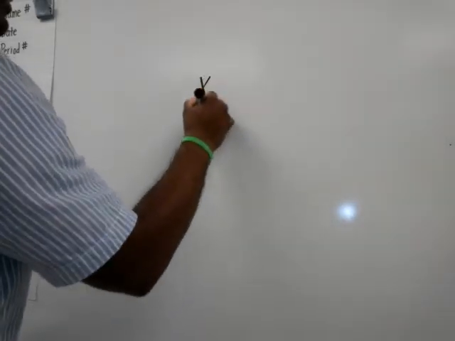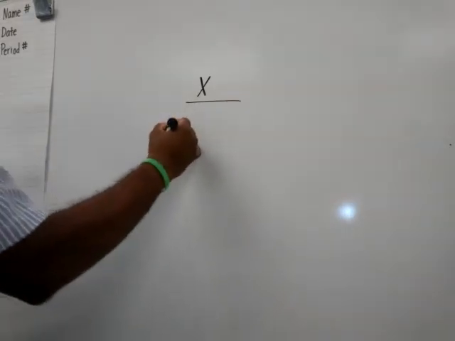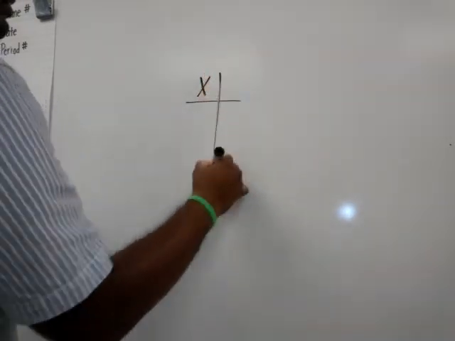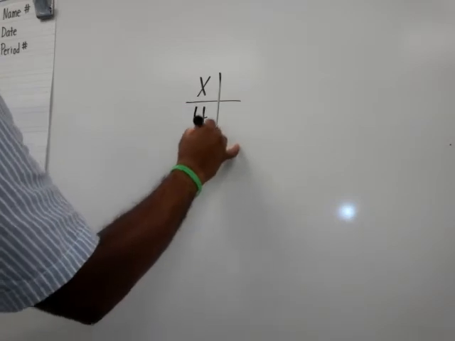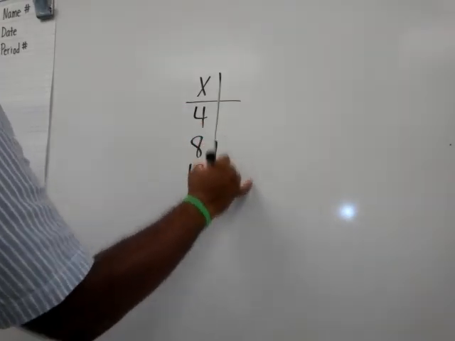All right, another example I will go over is a problem such as a chart, because we had some questions on that today. Let's say we have x, and underneath x we have 4, 8, 12.